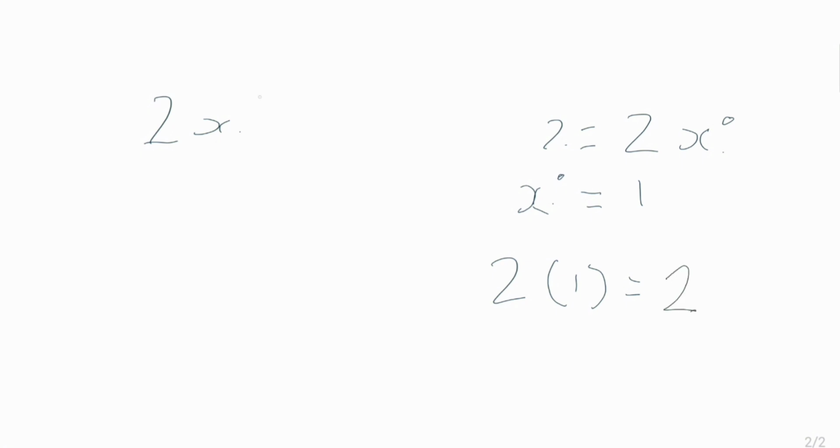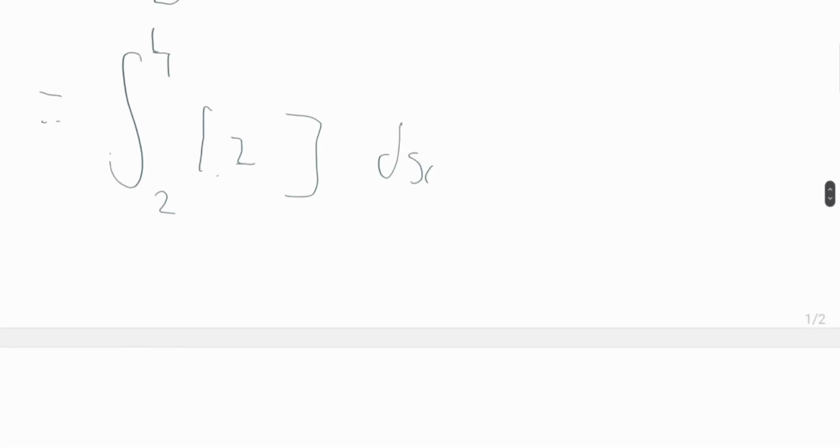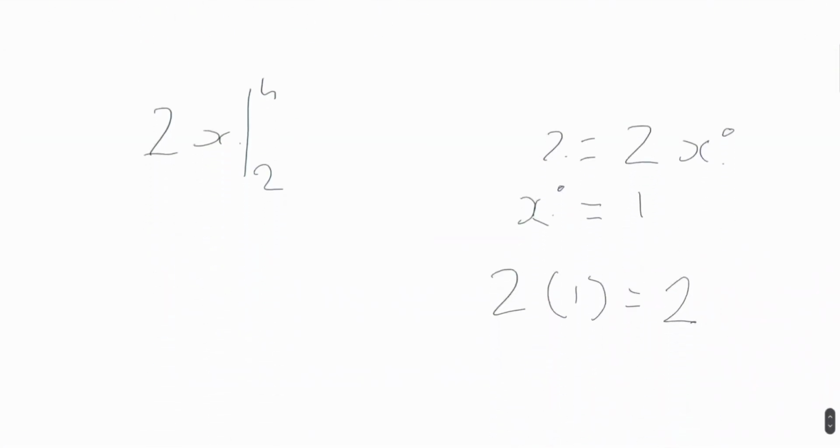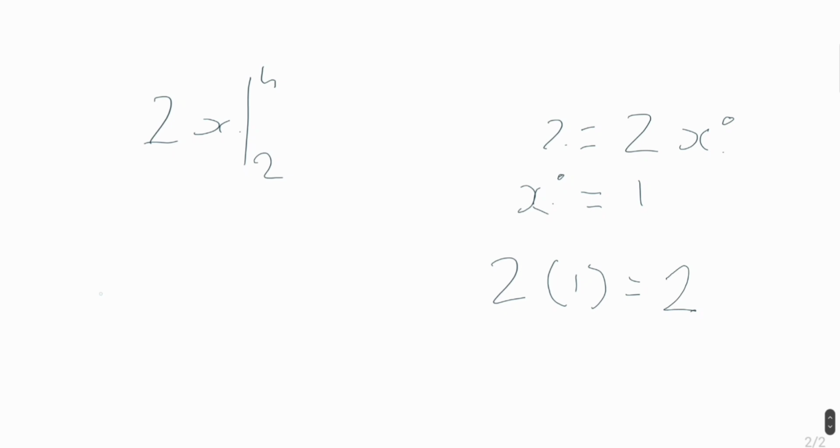Perfect. So now with this 2x, we need to plug in our values, which are 4 and 2. So now this becomes 2 times 4 minus 2 times 2.